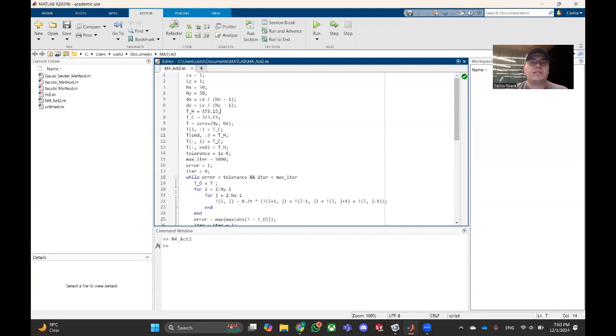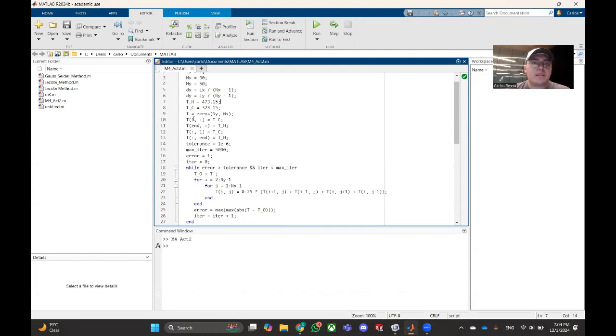Then I placed the variables for the 200 degrees Celsius temperature and the 100 degrees Celsius temperature. In the code, I placed them in Kelvin because COMSOL works in Kelvin, so I could compare the graphs correctly. Then I made the matrix T for temperature and filled it with zeros.